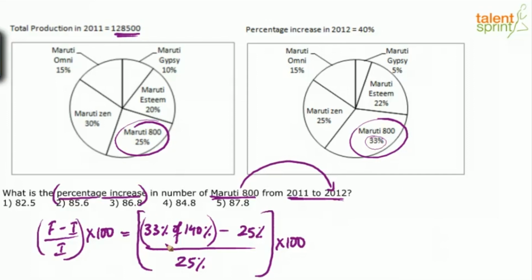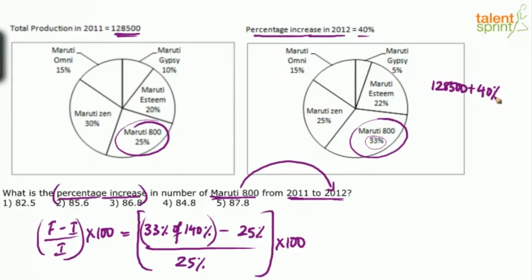Otherwise, simplify that. Somebody says, can you please explain how you are taking 140%? I think you have joined late, Madan. We had discussed this in the introduction part of this question, that he says percentage increase in 2012 is 40%. That means the total value for 2012 of Maruti cars is how much? It is 1,28,500 plus 40%.